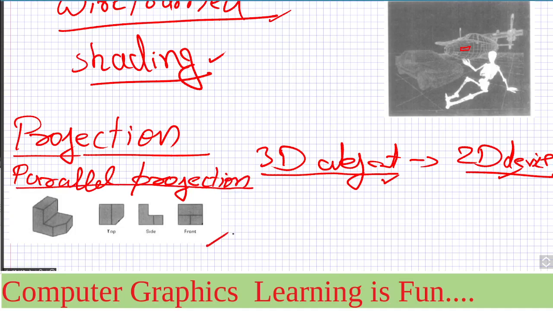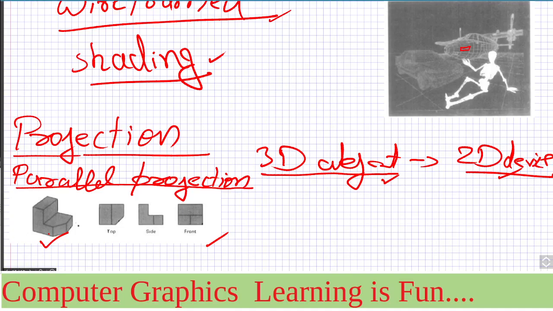This is actually an example of parallel projection. What is happening here in parallel projection is that if this was your object, you can understand this is a 3D object, but you will be able to see this object from any one axis, keeping it parallel to any one axis.